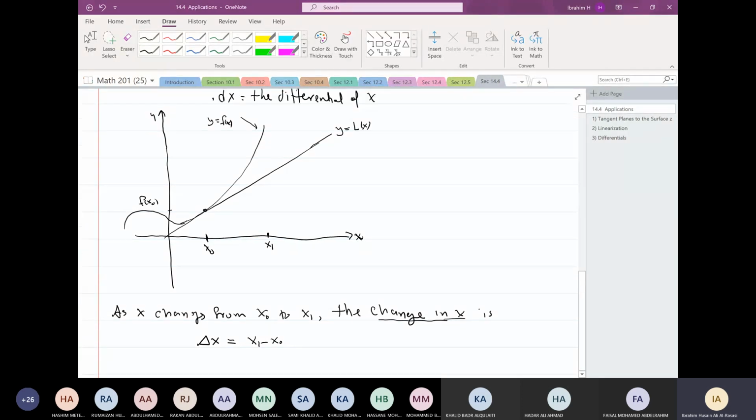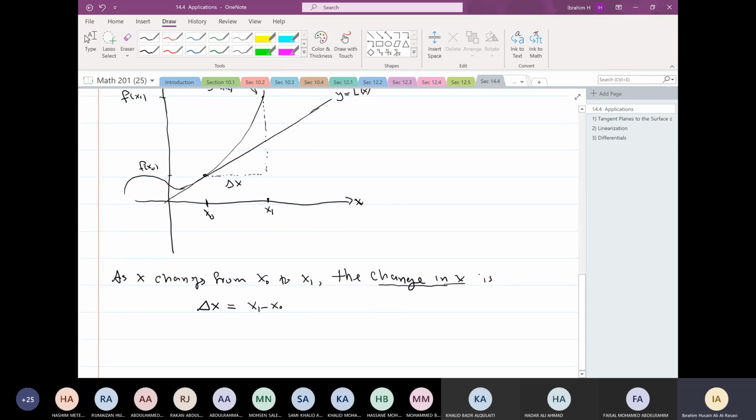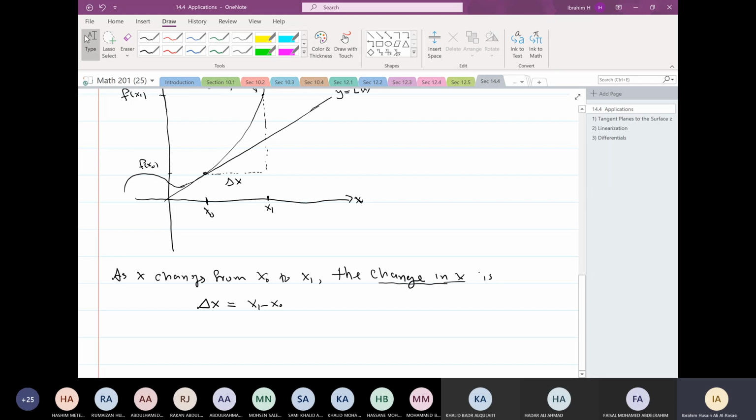So in the graph here, if I go from x0 to x1, this is f of x0 and this is f of x1. So I go from here to here. From x0 to x1, the change in x is delta x, so this is delta x in the graph. As I go from x0 to x1, x changes.